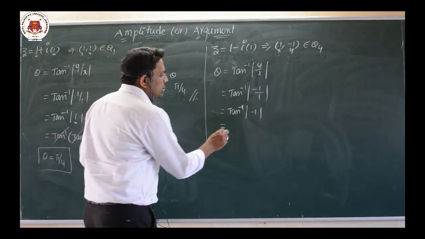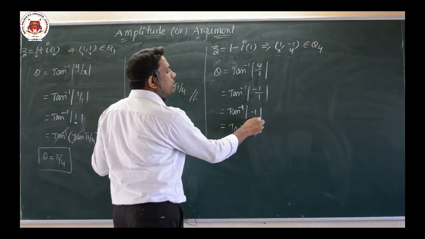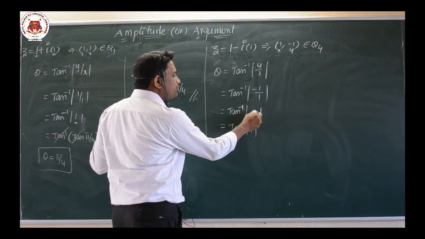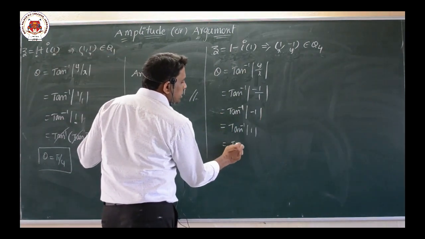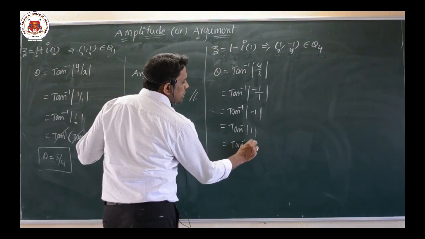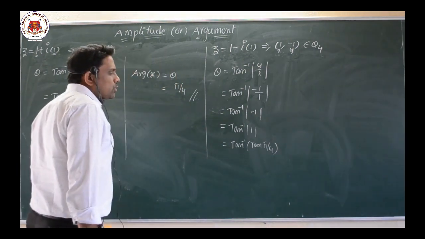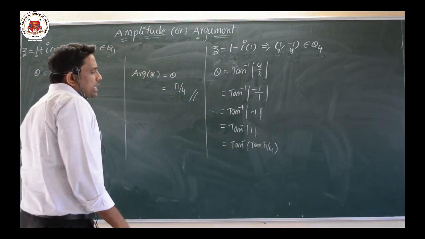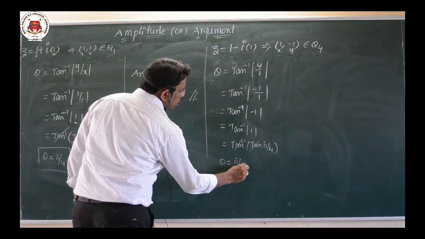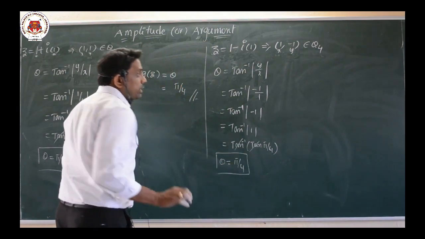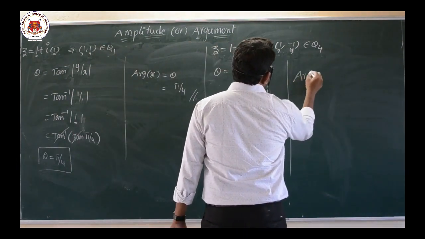That means the answer is tan inverse of 1, because inside the modulus a negative is converted to positive. So when the tan value is 1, tan 45 degrees, tan of pi by 4, already you have this table. So 45 degrees we can write as pi by 4. So tan inverse tan cancel. So the theta value is pi by 4. But I don't want theta, I want the argument. So what is the argument of this complex number?